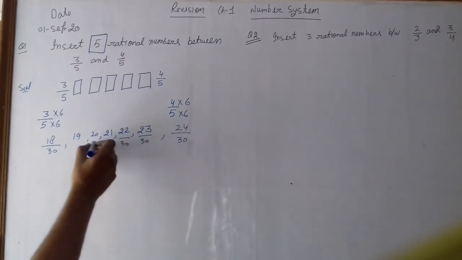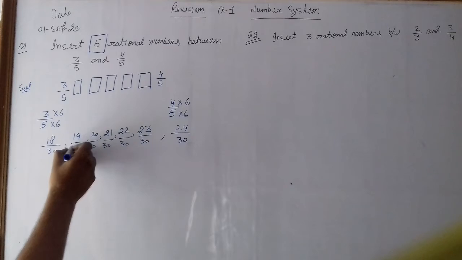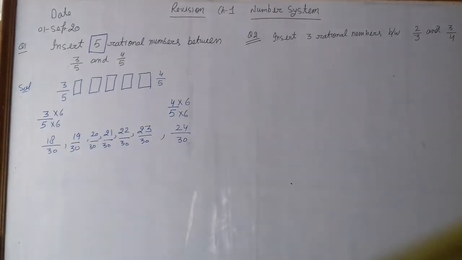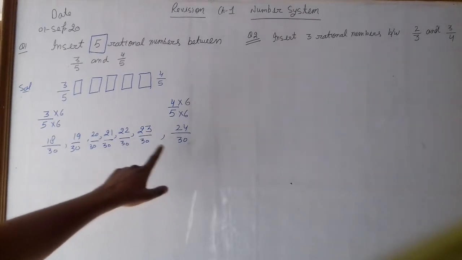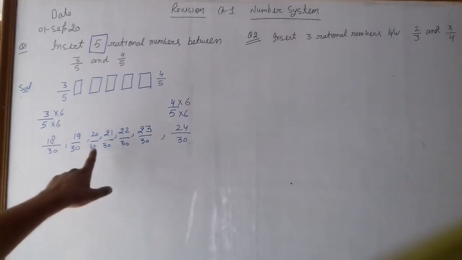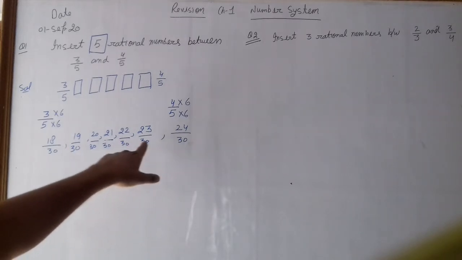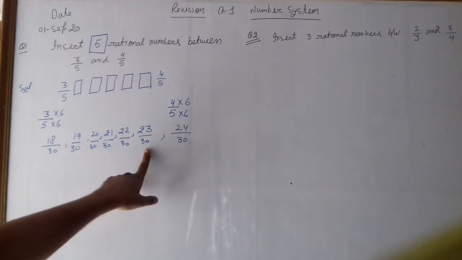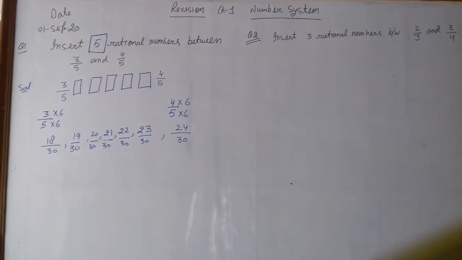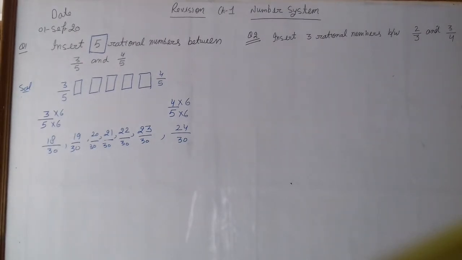So students, you are seeing the 5 numbers between 18 upon 30 and 24 upon 30, that is 19 upon 30, 20 upon 30, 21 upon 30, 22 upon 30 and 23 upon 30. So these are the 5 numbers. Like this we can do any question for inserting any rational numbers between two given numbers.